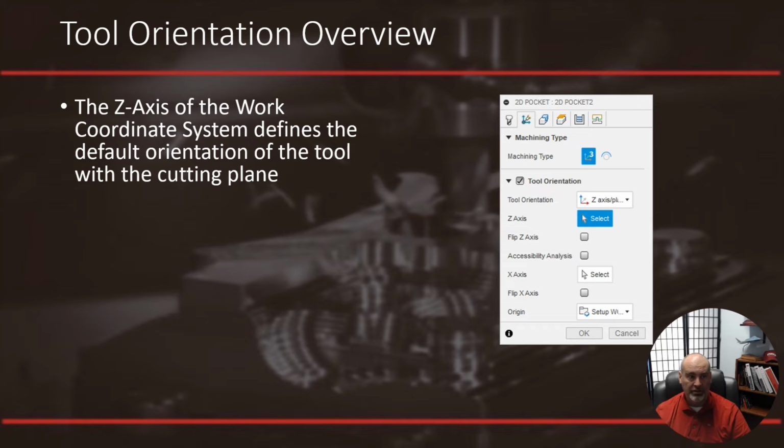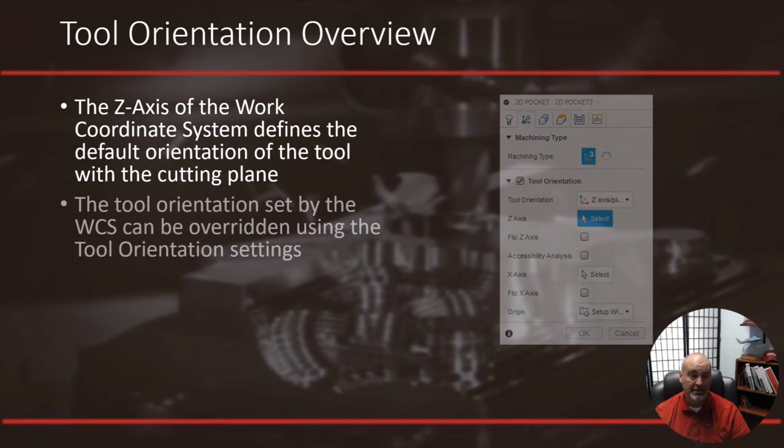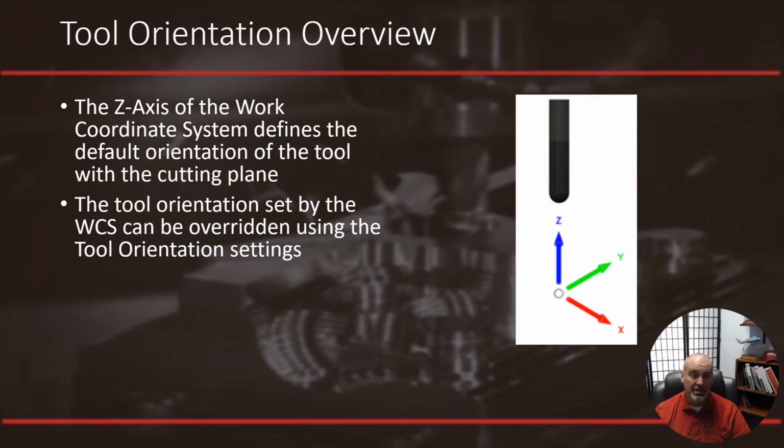Okay, so how the tool orientation tab works is the Z-axis of the work coordinate system defines the default orientation of the tool, with a cutting plane normal to the Z-axis. The tool orientation set by the WCS can be overridden using the tool orientation settings.